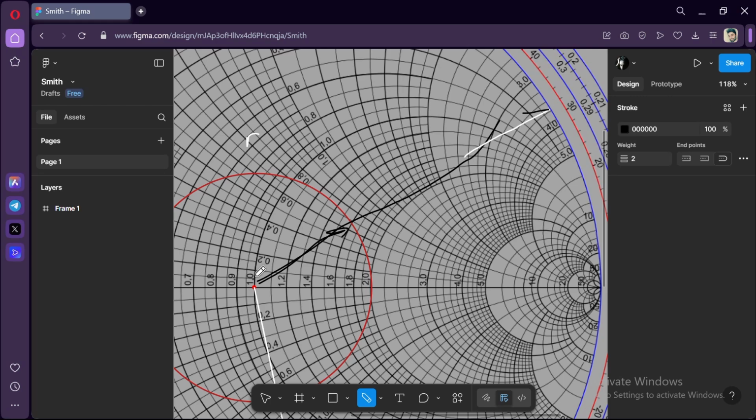So the reflection coefficient is the ratio of this length. Okay, so for that we need this SWR circle. After then we can find the ratio. Let's go back.